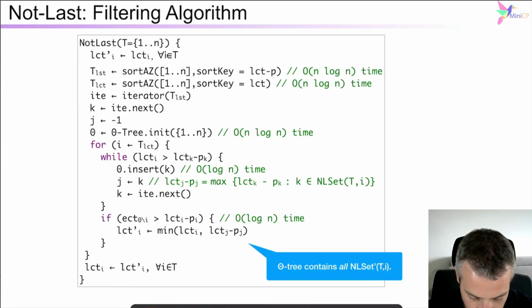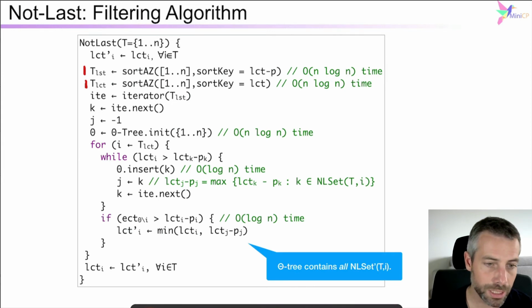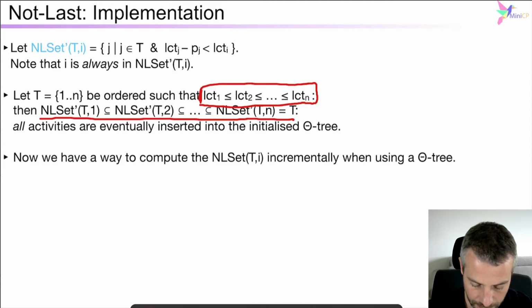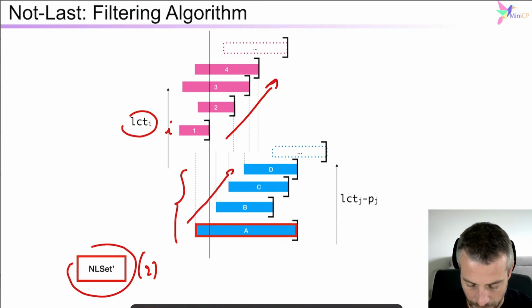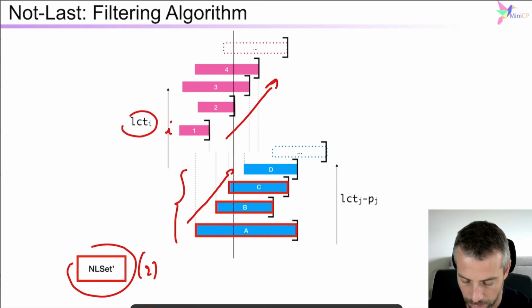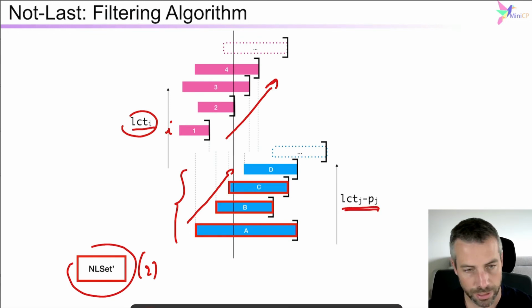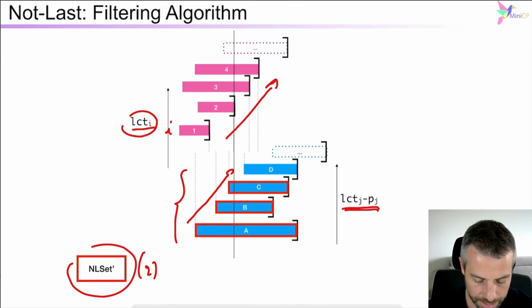So we sort the activities according to the latest completion time, as I said, and we will also sort them according to the latest completion time minus the processing time. That's exactly because of that order. You see that in that order they will be added one by one, so that's also an important sorting. So we have two important sortings there, and this is what we do in the algorithm.